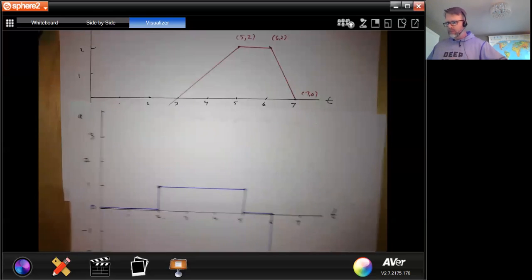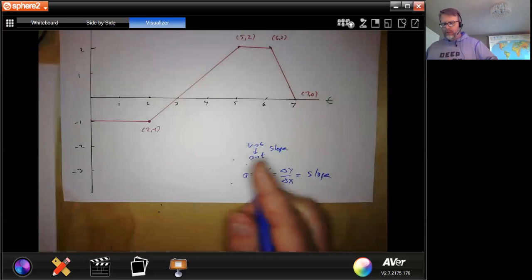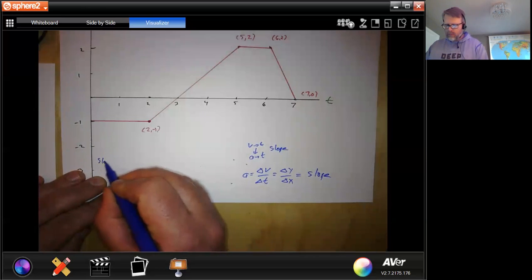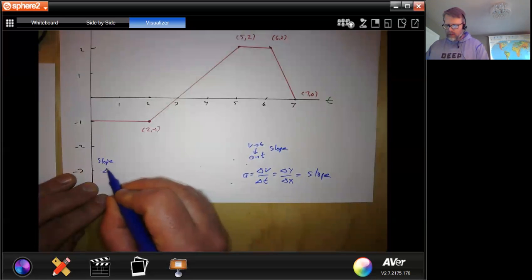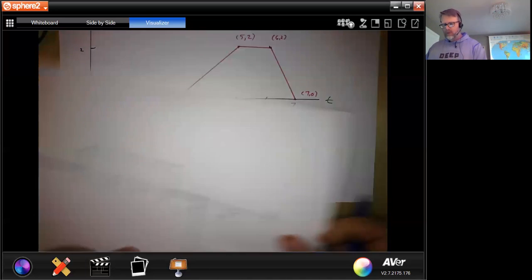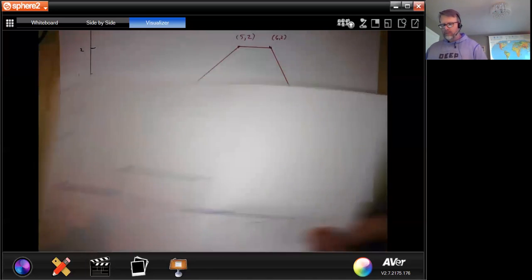Okay, so for each of these, we're doing our slope. So our slope here, change in y over change in x, that equaled 0 over 2, which is why we had a 0 slope.